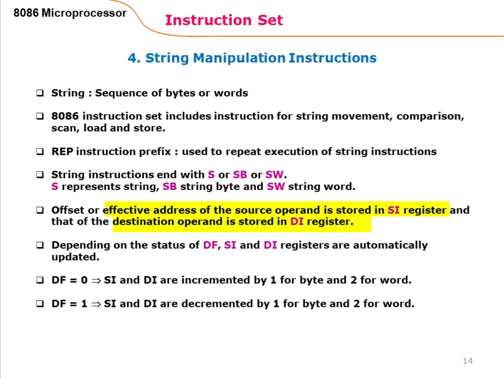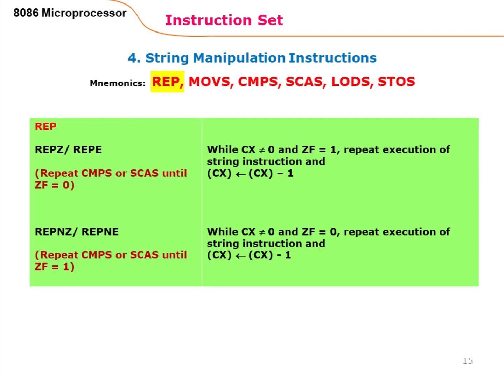If the direction flag is 0, then source index and destination index are incremented by 1 for a byte instruction, and incremented by 2 for a word instruction. If the direction flag is 1, then they are decremented by 1 for a byte instruction and decremented by 2 for a word instruction. Now we'll see these string manipulation instructions one by one.